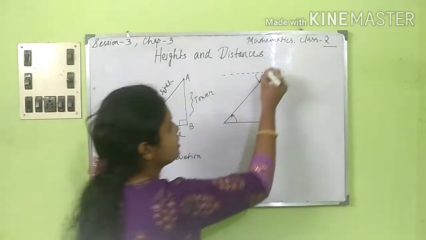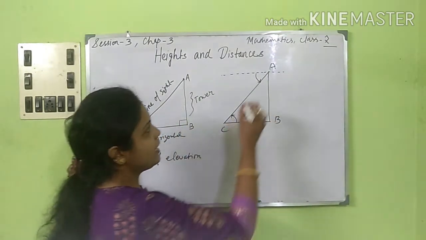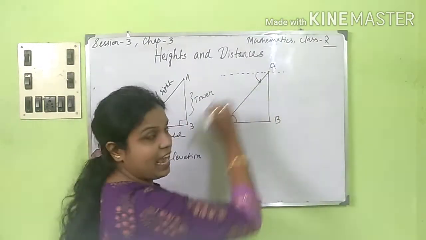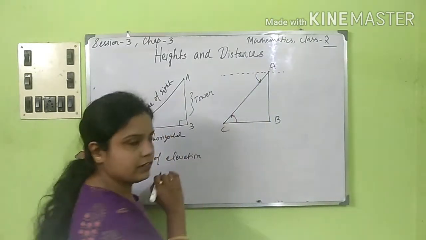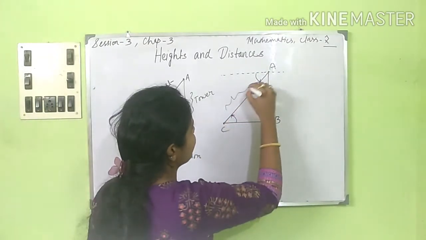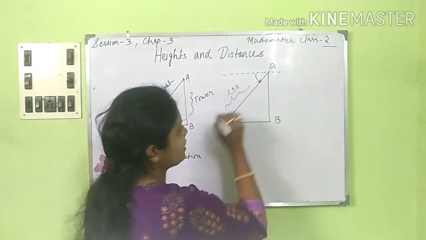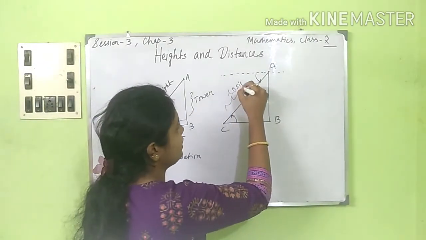Now supposing A, B and C again, now the person is at A. This person is viewing an object at C, right? That means he is looking down. So this is again the line of sight. I am writing LOS, please don't misunderstand. This is line of sight.